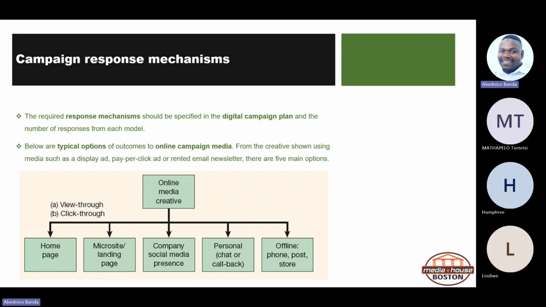On many typical websites that you can visit right now, you'll find that there's a call to action on a web page, on a home page or a landing page. But at the bottom or at the top of a company site, we also have those social media icons that you can use as a response mechanism.